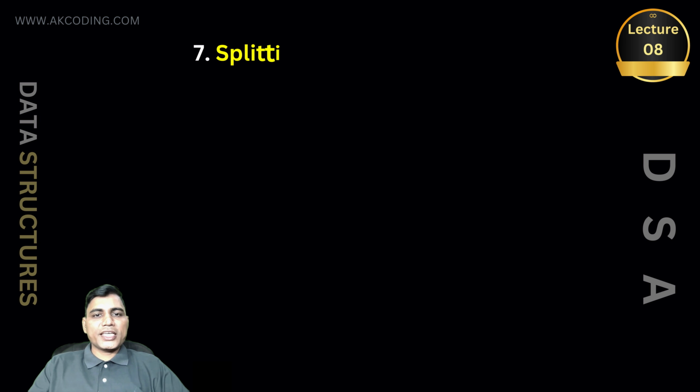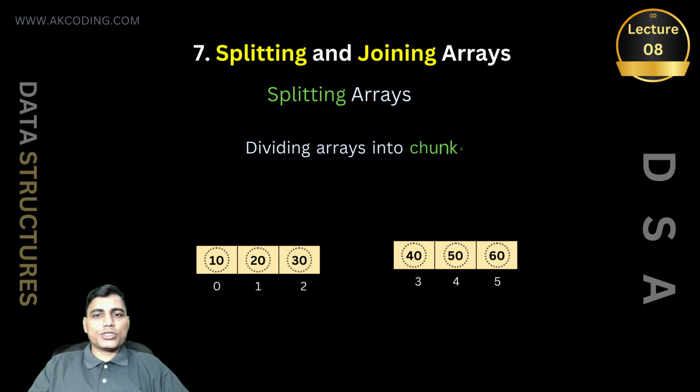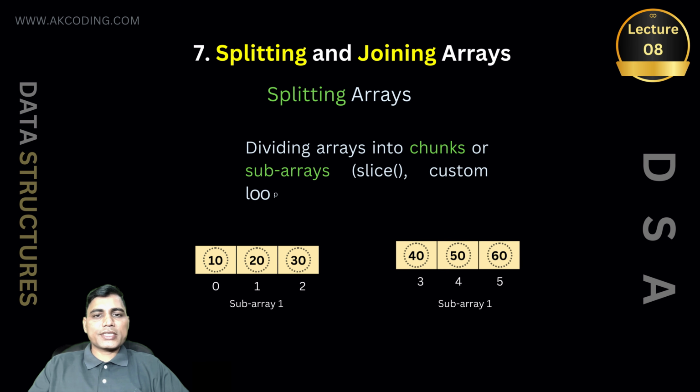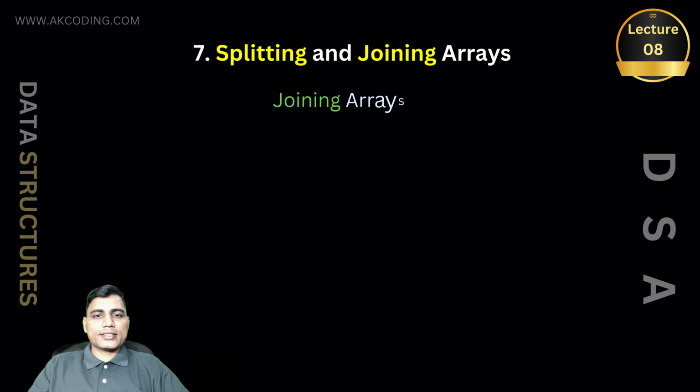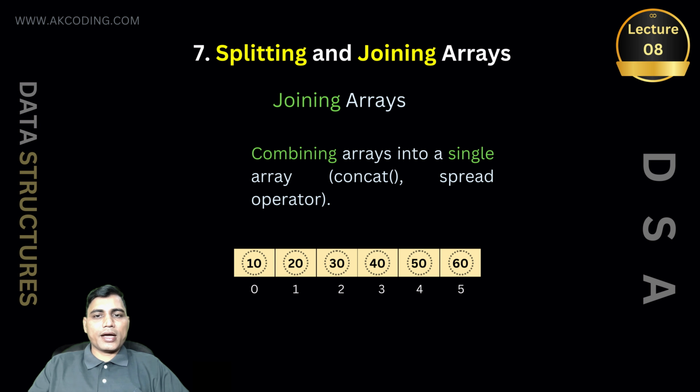Number 7, splitting and joining arrays. Splitting arrays: dividing arrays into chunks or sub-arrays using slice or custom loops. Joining arrays: combining arrays into a single array using concat or the spread operator.